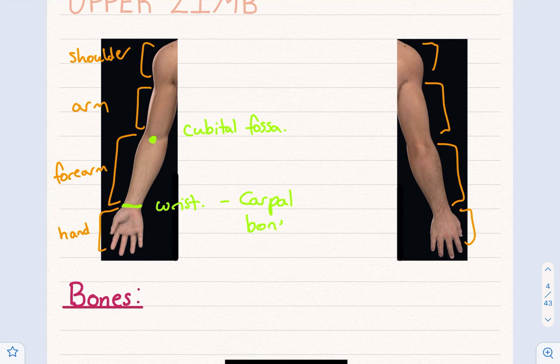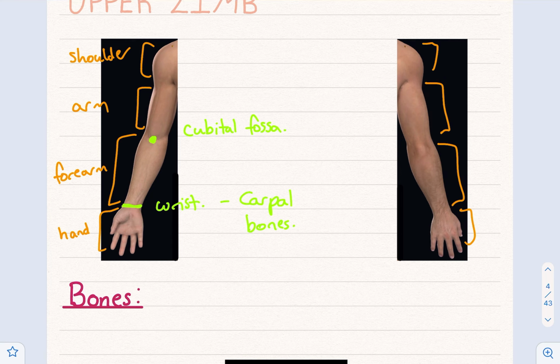Carpal bones. I realised I probably didn't choose a great colour. Carpal bones. We'll go into them. But yeah, you've got this thing called carpal tunnel syndrome. You've got another structure that basically goes over it, and then if it gets compressed, it compresses on the median nerve, and that leads to symptoms of carpal tunnel syndrome.